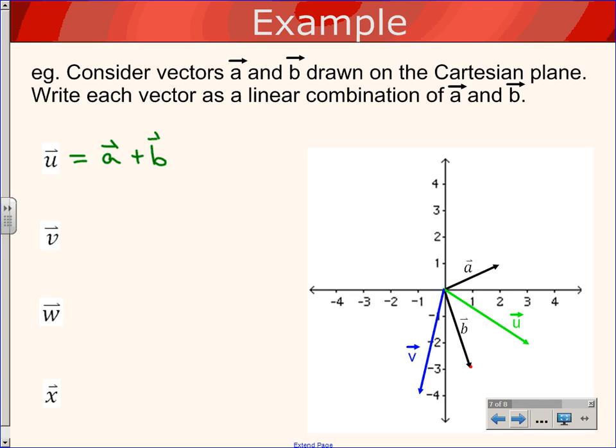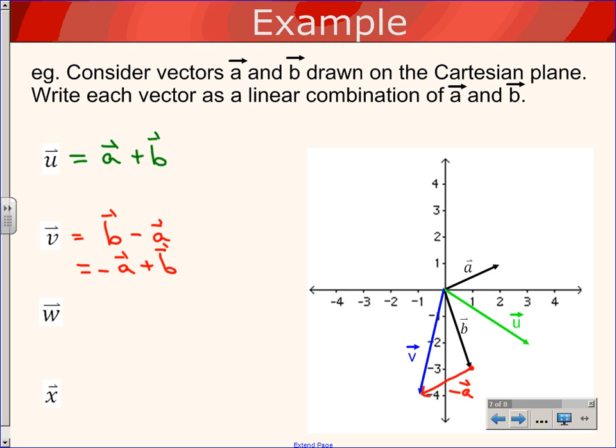So if I was at the head of vector b, and then I wanted to go here, I think that's just minus vector a, right? 2 to the left and 1 down works perfectly. So vector v, I could write it as vector b minus vector a, or I could have written it the other way too. It's also correct. Okay.